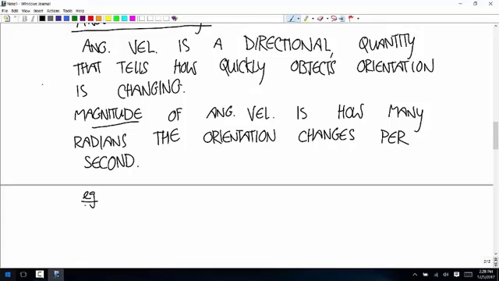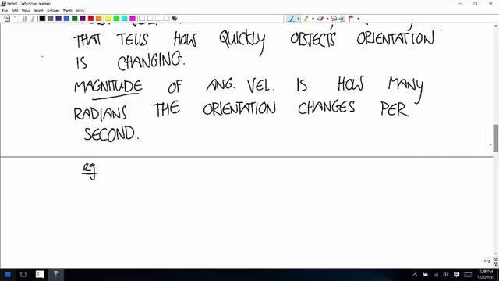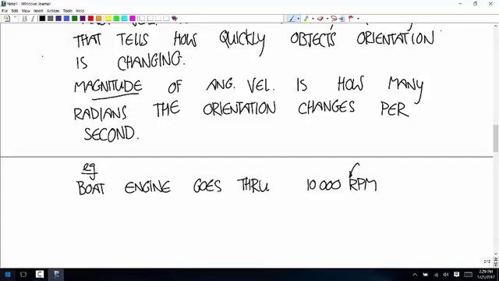For example, let's say you have a boat that goes through, what's a reasonable RPM for some kind of boat engine? 10,000? Let's say a boat engine goes through 10,000 RPM. That's rotations per minute.